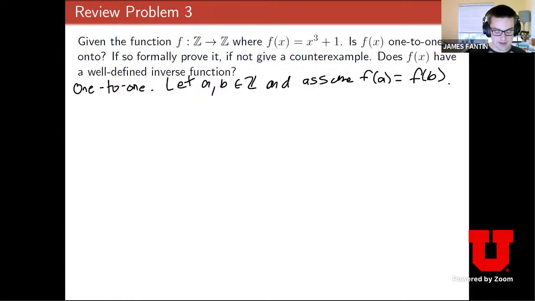The reason is that we want to make sure we're only looking at stuff in the domain. Depending on how the domain is defined, you may have a function that you think is not one-to-one actually become one-to-one. As a brief aside, an example would be f of x equals x squared, which is one-to-one if f is defined from the naturals to the naturals.